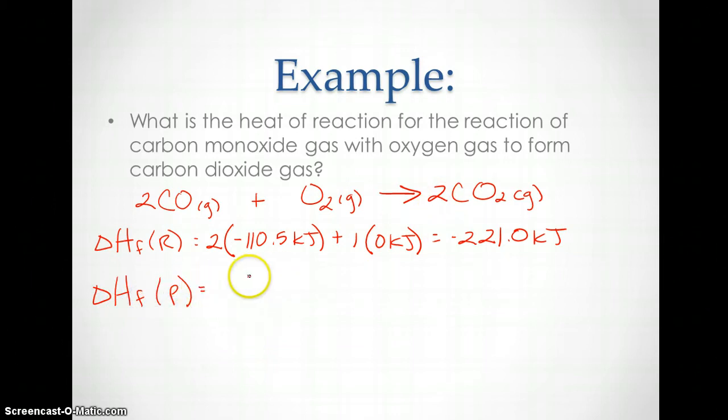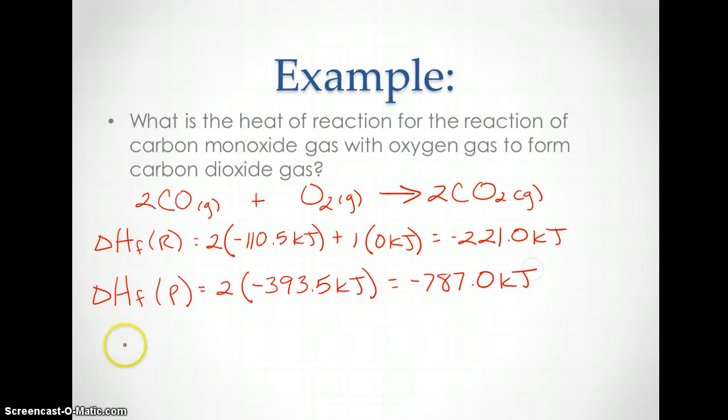Then we want to figure out the heat of formation for our products. So for our products, we have 2 times carbon dioxide, which is negative 393.5 kilojoules. And when we multiply that, we get negative 787.0. Now, to find our heat of reaction, we're going to take products minus reactants.